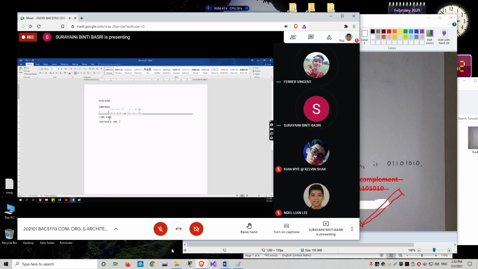So meaning the first one, 128, only changes the positive and negative, and the rest just follow which one has a 1. Okay, so clear? This one is important. Okay, Noel? Okay, Kelvin?